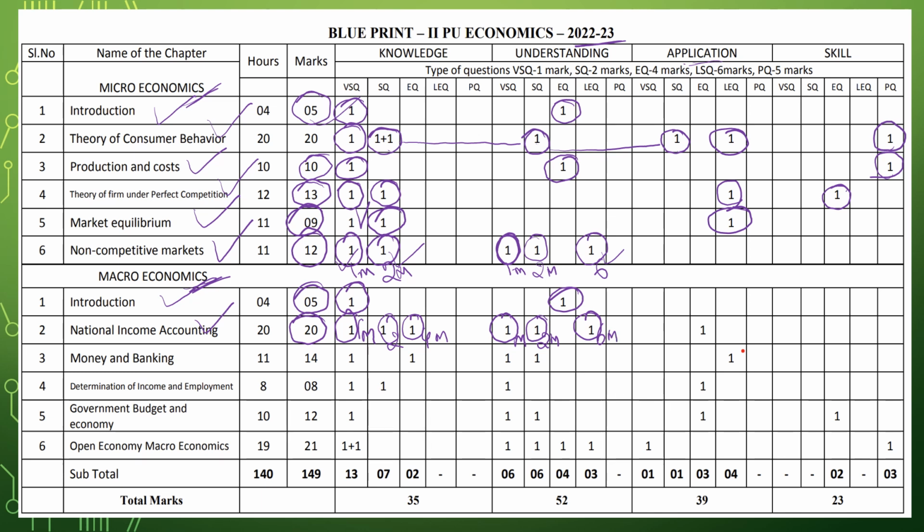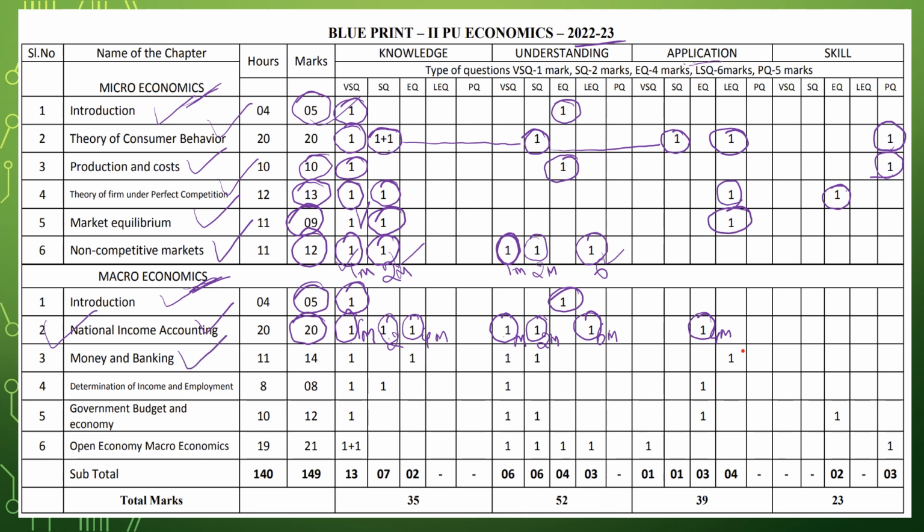And again if we come to application, one 4-mark question will be asked. See here, two 1-mark questions, two 2-mark questions, two 4-mark questions and one 6-mark question. So national income accounting is very, very important.